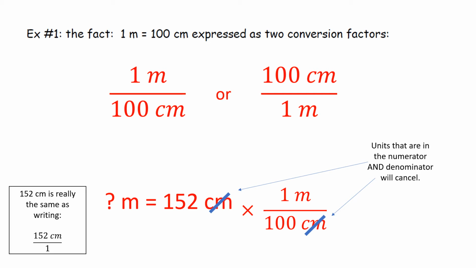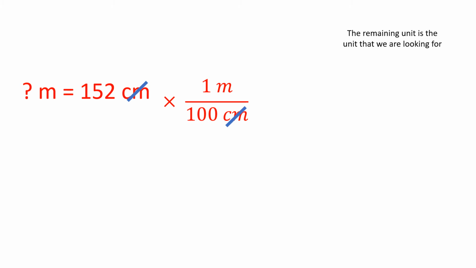And so we can see that the only unit that wasn't canceled out is the meter. That's the only thing, and it's in the numerator. So the meter is what we were looking for, and that's what we have. So we're all good there. The remaining unit is the unit that we're looking for, the meter. We're good.